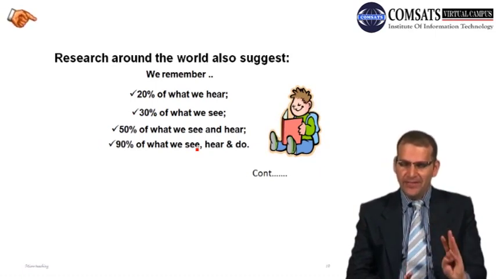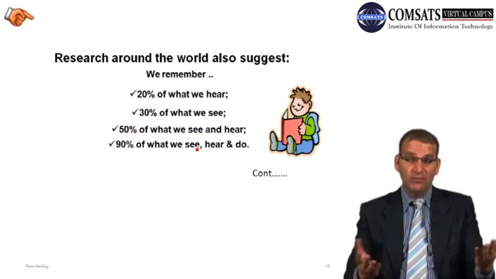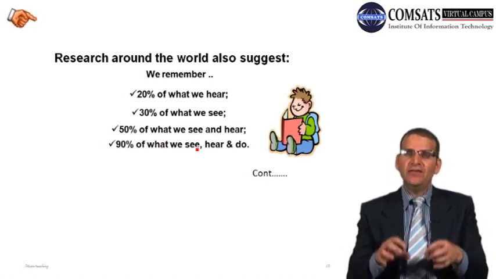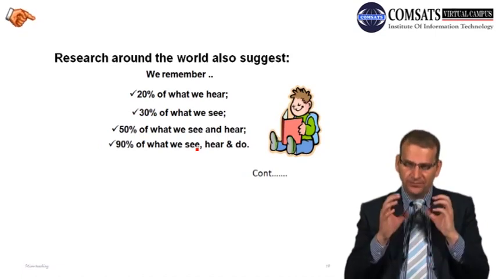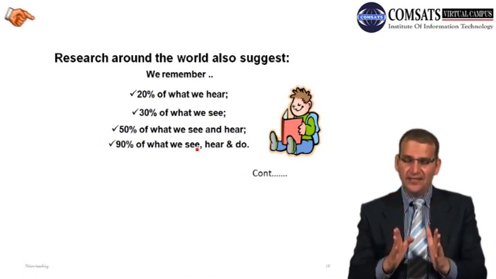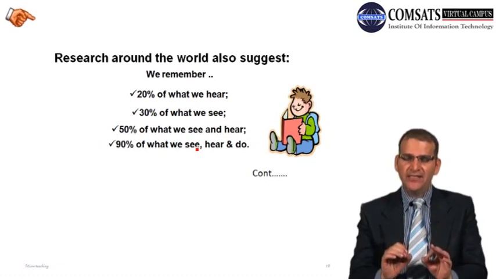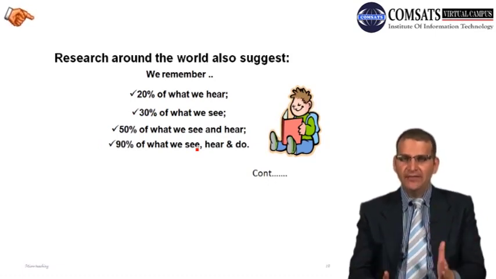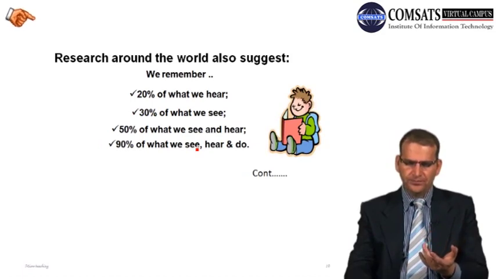So 90% of what we see, hear and do. That's why of course micro teaching. Because in micro teaching what happens, we make our students see things, right, to make lesson plans, and to teach, I mean do. So 90% of learning is there when you see, when you hear and you do.